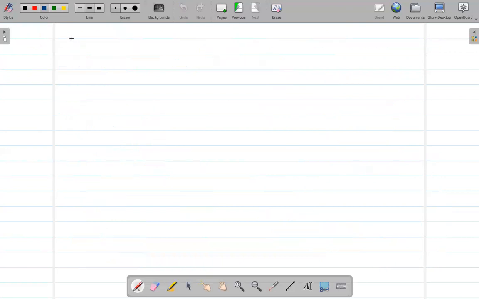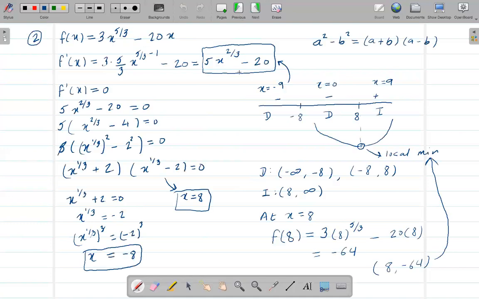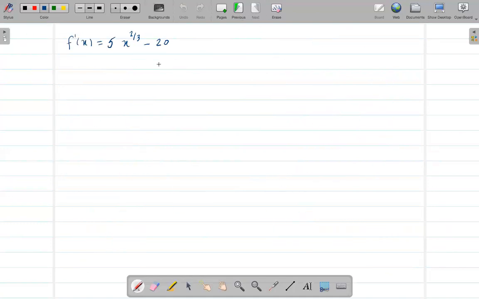To get the second derivative, let's write the first derivative first, which is 5x to the power 2 over 3 minus 20. Now, after this, I can take the second derivative.